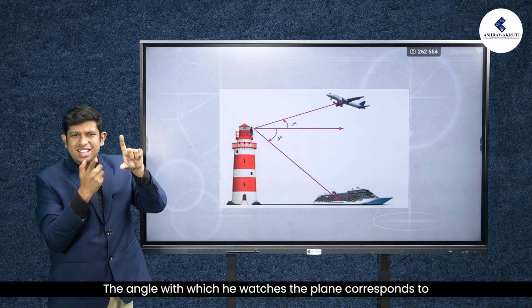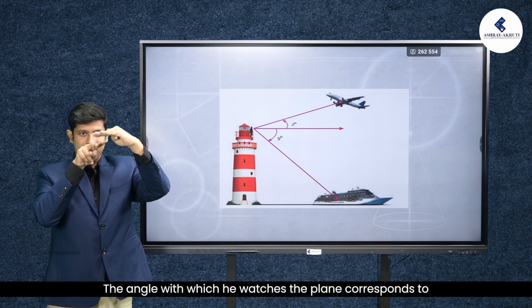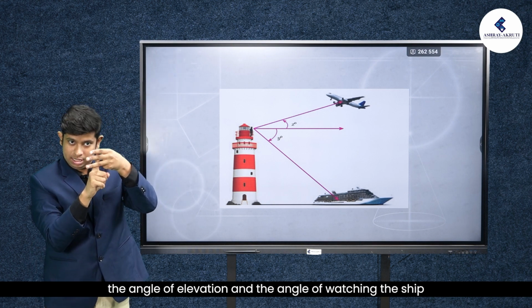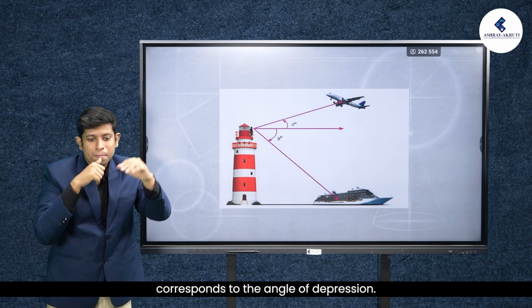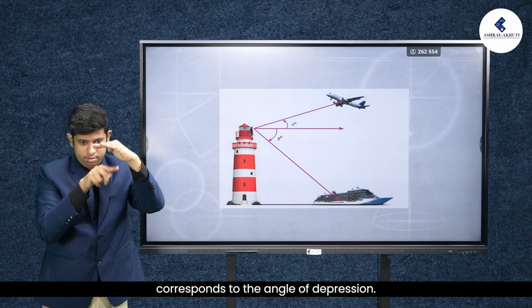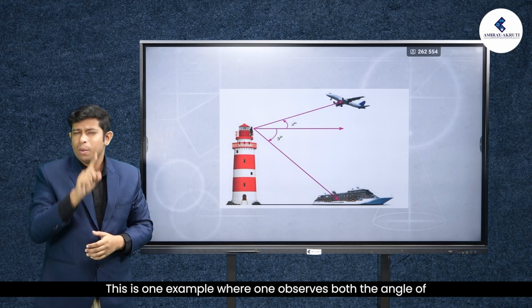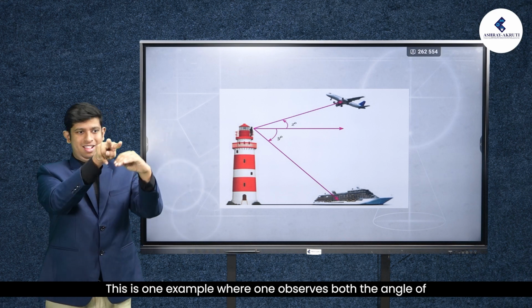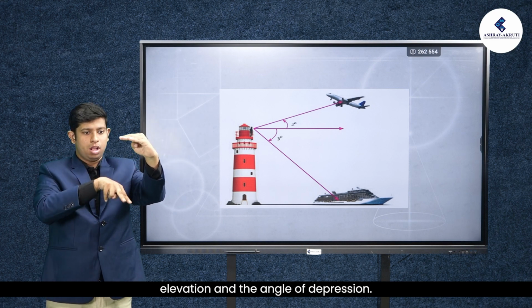The angle with which he watches the plane corresponds to the angle of elevation, and the angle of watching the ship corresponds to the angle of depression. This is one example where one observes both the angle of elevation and the angle of depression.